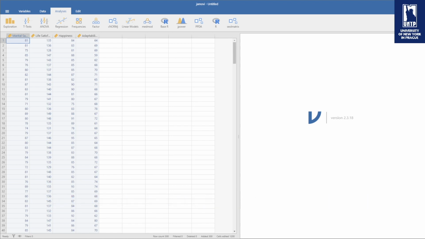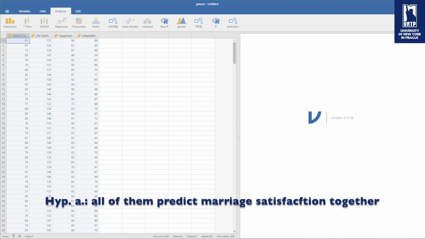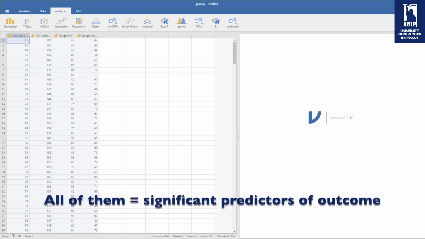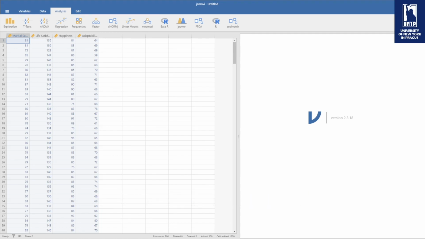So, what could the counselor's hypothesis be? Well, one hypothesis can be that all of them together significantly predict marriage satisfaction. What does this mean? It means that all of them at the same time are significant predictors of our outcome. However, while we are at it, multiple regression can handle more than just seeing whether all of them at the same time are significant predictors.